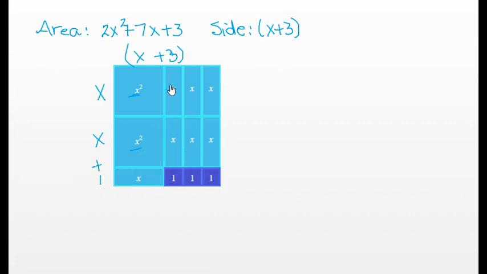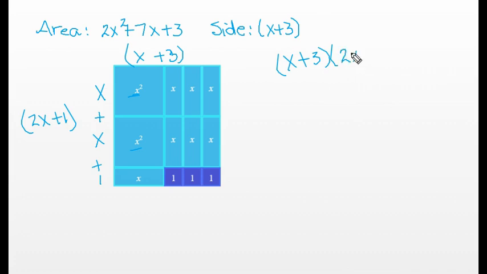And so now I have 1, 2, 3, 4, 5, 6, 7 x's, which is what I need, and I have 3 1's, which is what I need. So this side length is x plus x, which is 2x, plus my 1. So the side lengths are x plus 3 times 2x plus 1.